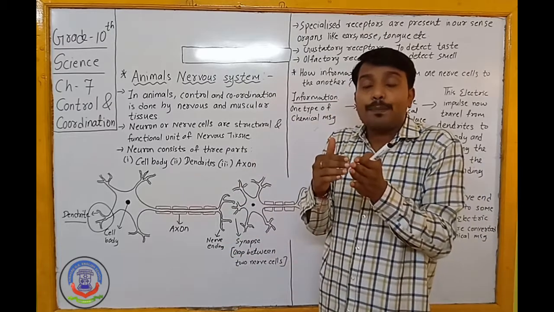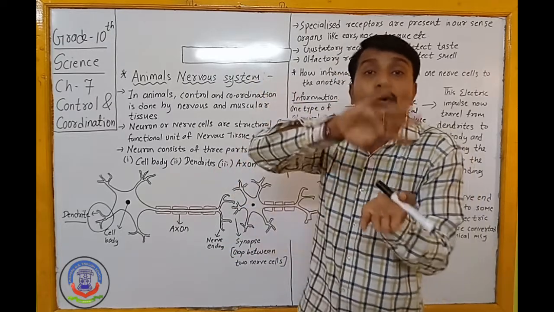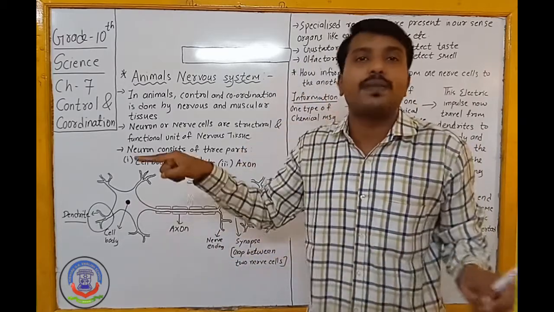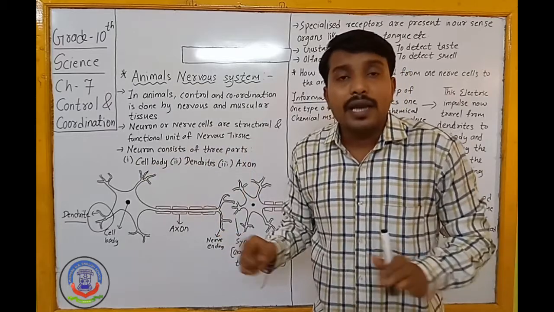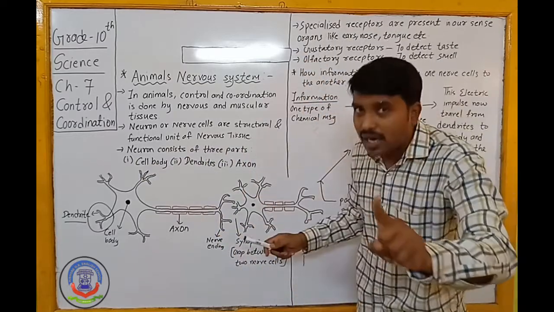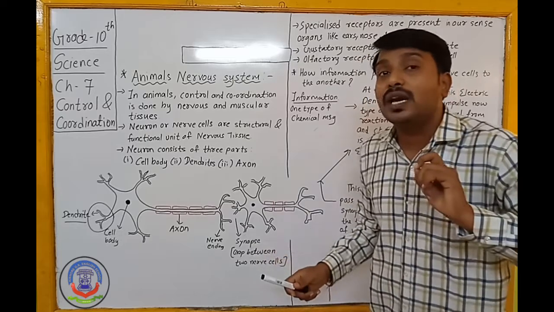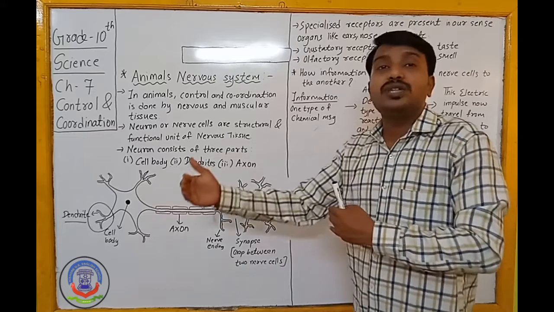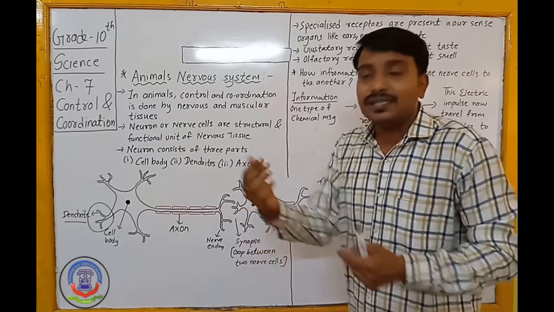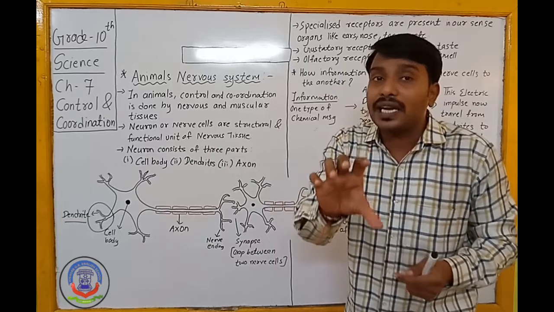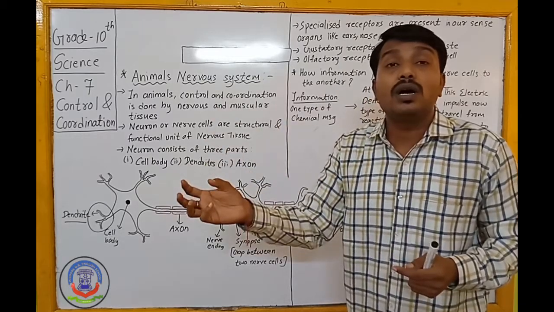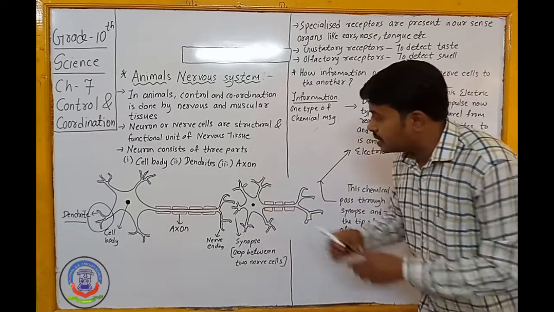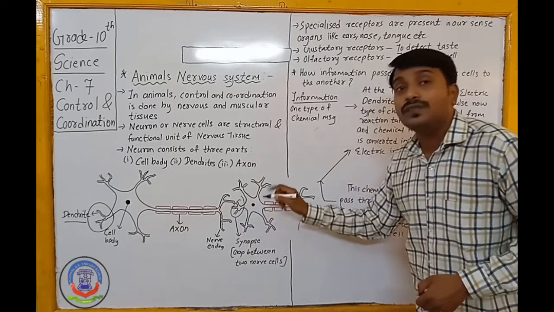तो एक्चुअली क्या होगा कि जैसे मैसेज इस गैप में आएगा, उसे वापस केमिकल मैसेज में कन्वर्ट करना पड़ेगा, because electrical message only travels within nerve cells, not outside. That means now one more chemical reaction will take place, and due to that chemical reaction, whatever the electric impulses are there, they come out into the synapse as a chemical message. As they come into the synapse, that is the gap, those electric impulses again get converted into a chemical message. Now this chemical message is again received by the dendrites of the next nerve cell.